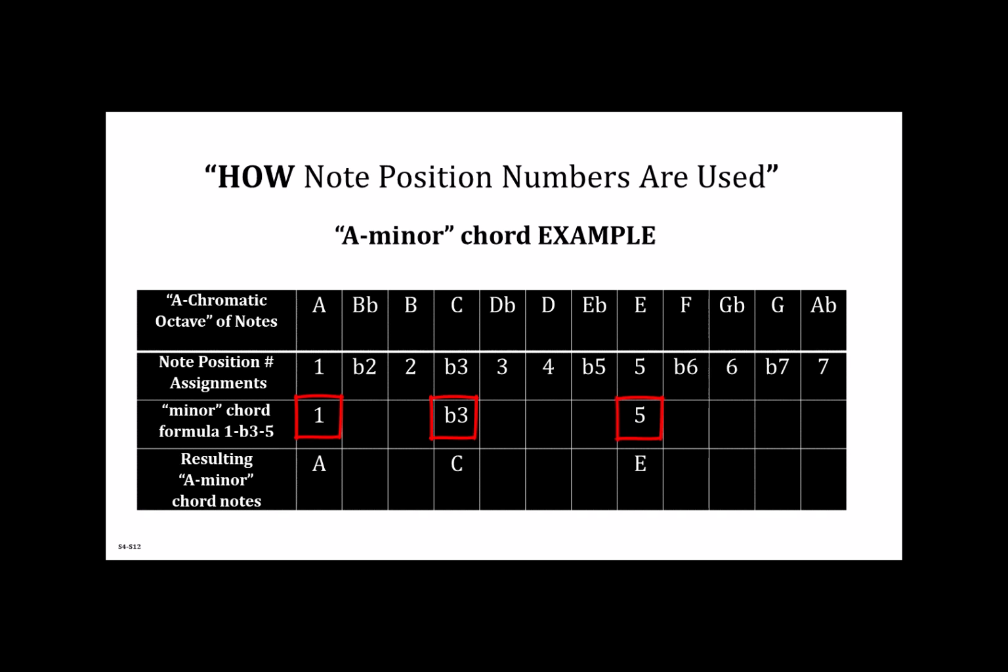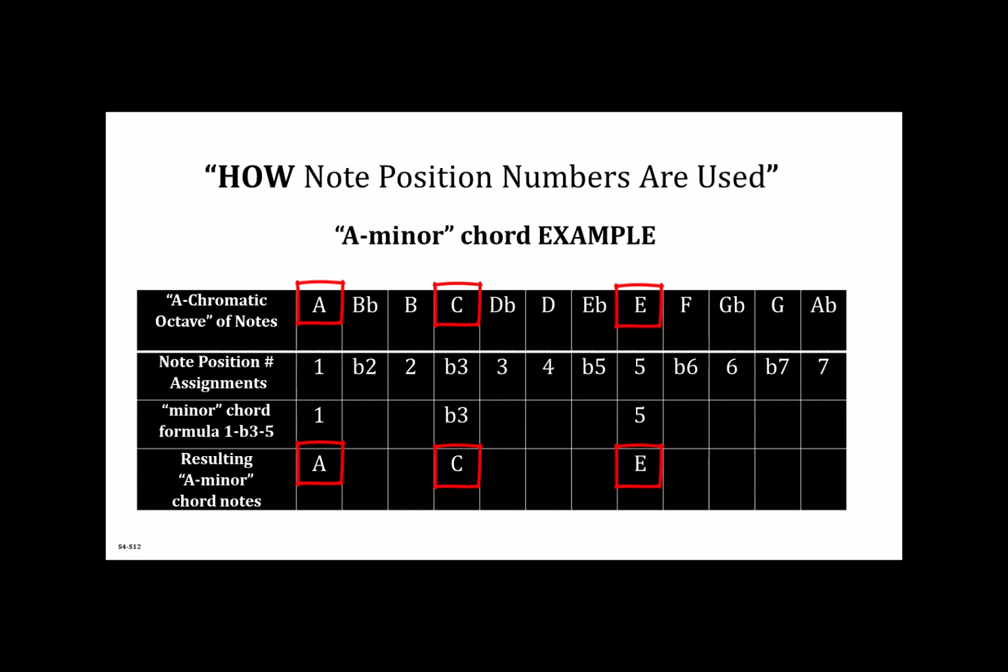And then once we do that, all we have to do is bring down the top row in those note positions. So basically an A minor chord, as we can see here, is made up of the notes A, C, and E. And it's really that simple.